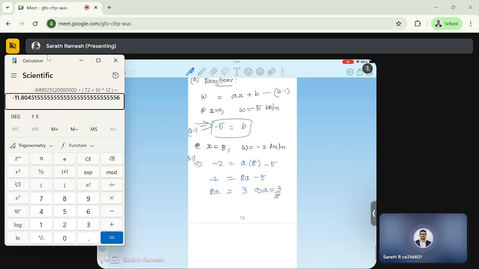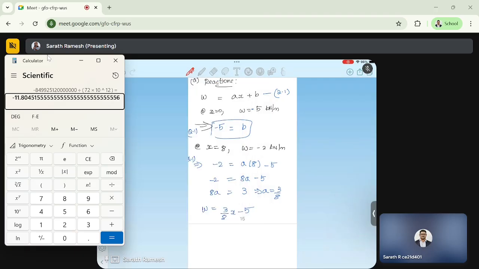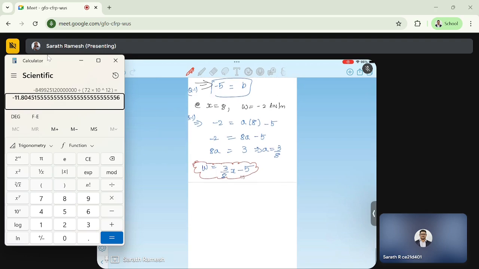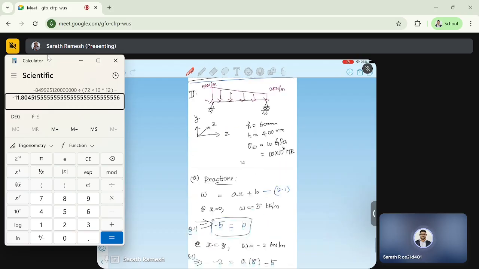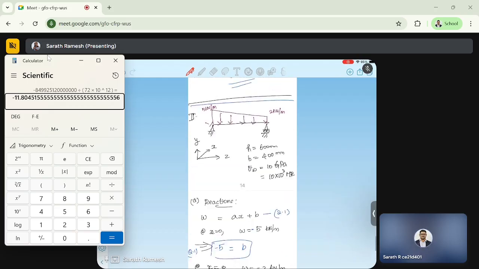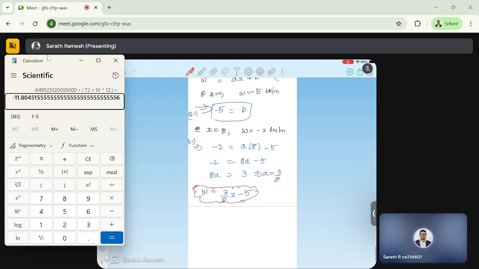So my actual loading W is 3 by 8 x minus 5. Okay, this is my real load. Fine. We can check it: at x equal to 0, it is minus 5, and at x equal to 8, it is minus 2. Right, so this is my W given.